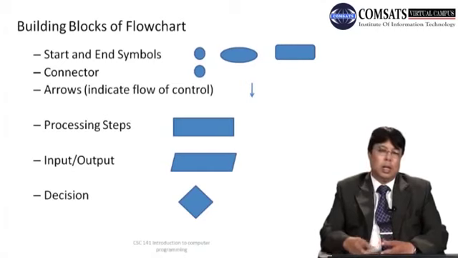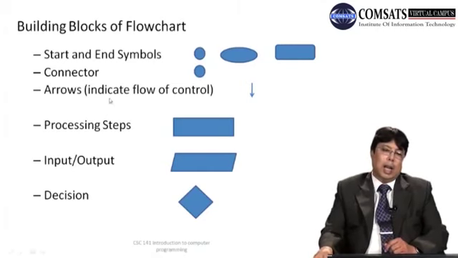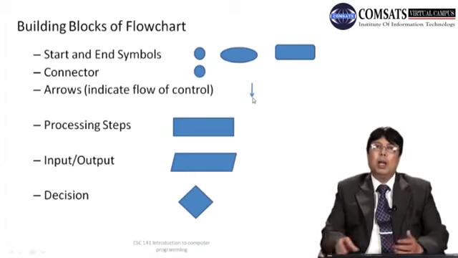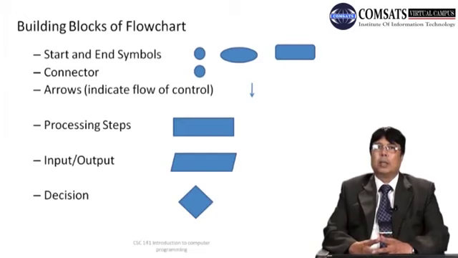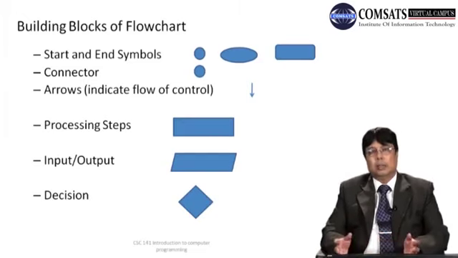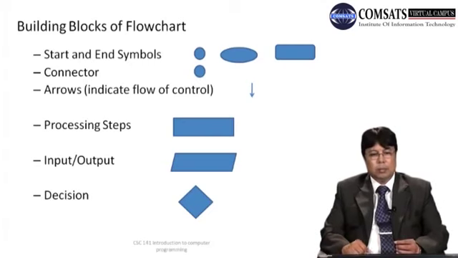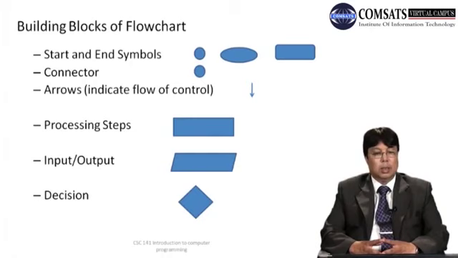So what will you need? You will need an arrow, which indicates the flow of control. This arrow could be in any direction: four directions, up, down, right, left. I will come back again to the connectors after explaining a couple more symbols.